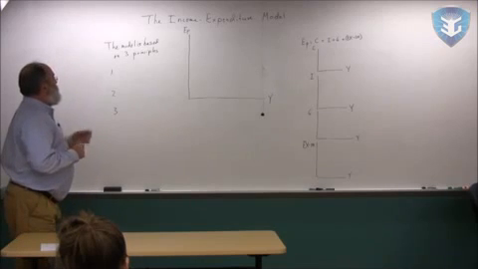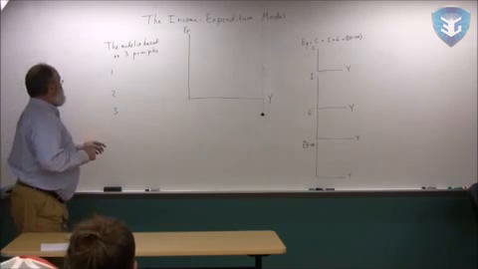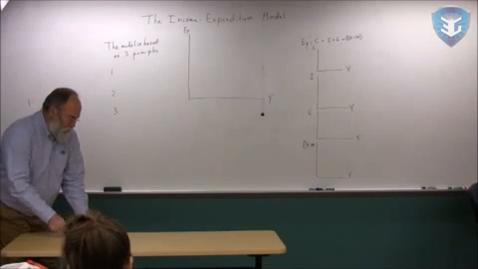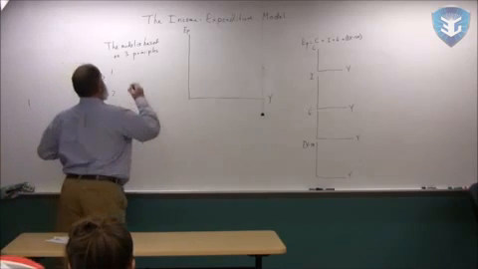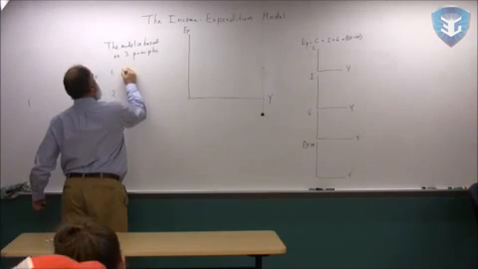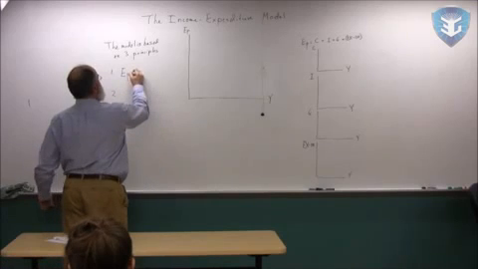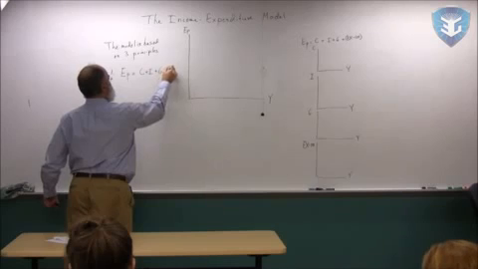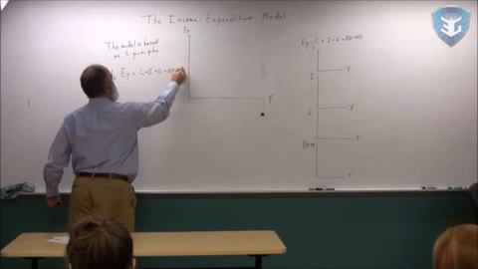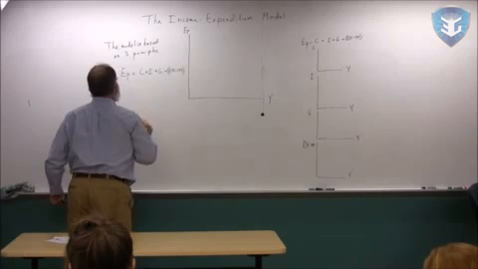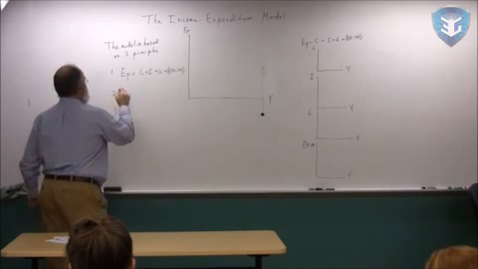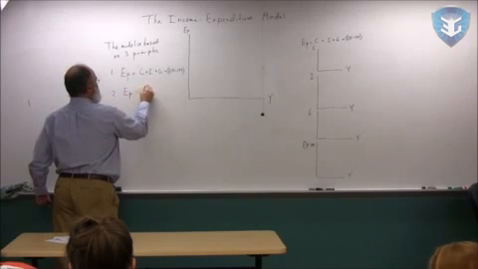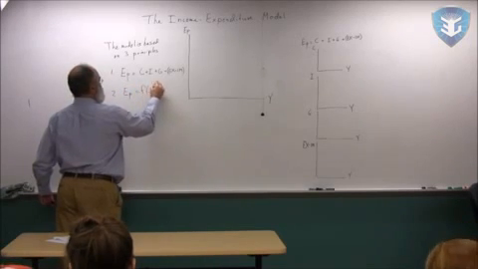All right, now, this model is based on three principles. The first principle you already know. It's a definition. It says total planned expenditure is the sum of C, I, G, and X minus M. The second one says, and this is really a restatement, that EP can be expressed as a function of GDP.